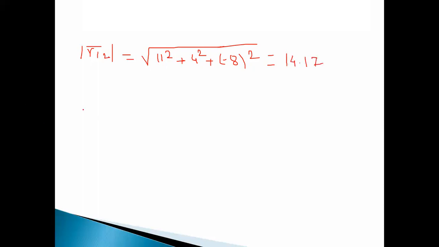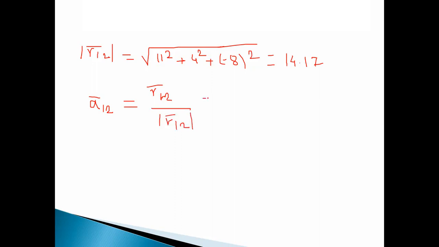Okay. Now we have to find the remaining quantity, the unit vector a bar 1, 2. Any unit vector is equal to that vector divided by its magnitude. So which is the vector? Vector is r bar 1, 2, divided by its magnitude, mod of r bar 1, 2.